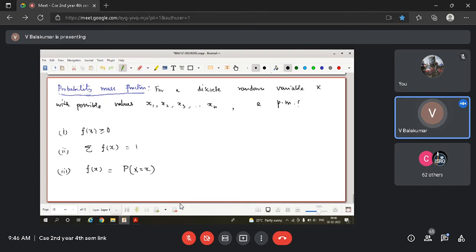A probability mass function is a function with these properties such that these conditions are satisfied. Here I have written, if I consider this particular value, that particular probability I am talking about. Meaning this i can be 1 to n. Meaning this third condition is happening for each value. Not only this third condition, this first condition also is happening for each value.